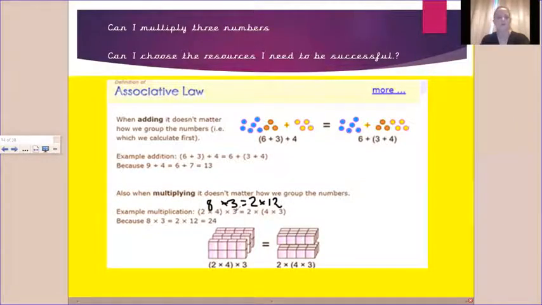And if we work this out, 8 times 3 is 24, is equal to 2 times 12, which is 24. So both sides of my equal sign are the same, which means my answer is correct.